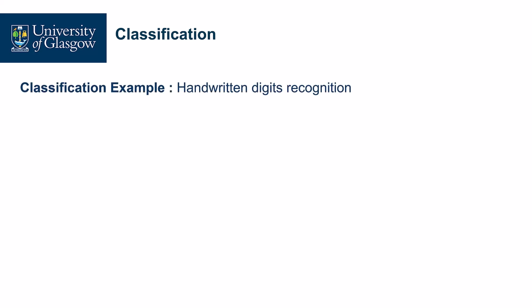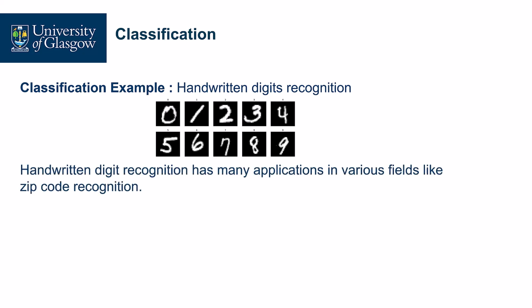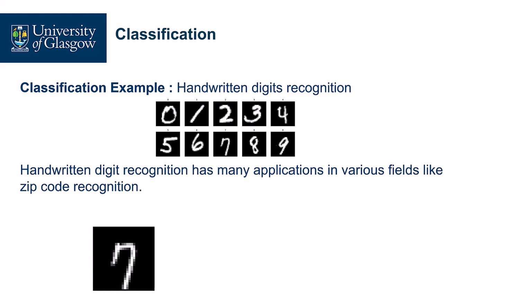So let's take a widely used example. We call it handwritten digits recognition. We often write, for example, the zip code by hand, right? Handwritten digits. And the system needs to automatically recognize what we have written and then pass it to the post system. So we first provide a handwritten 7, and then there is a trained machine learning model to do this task.